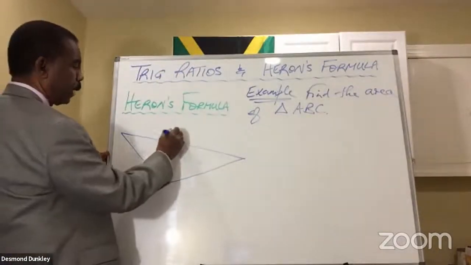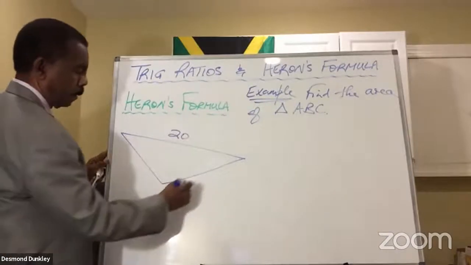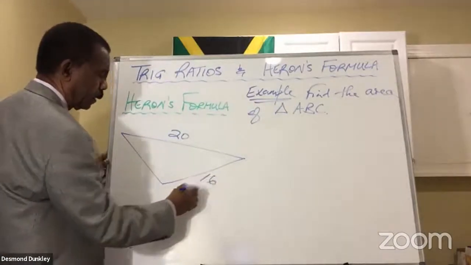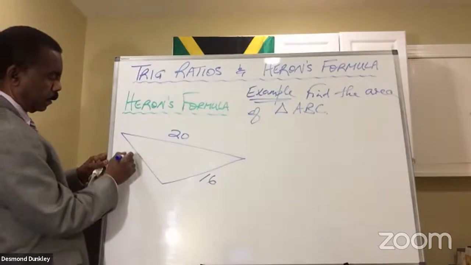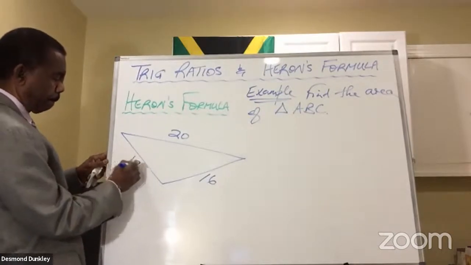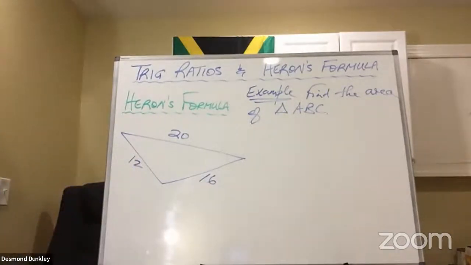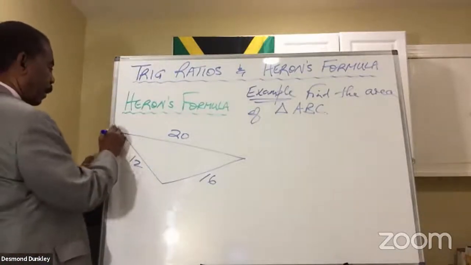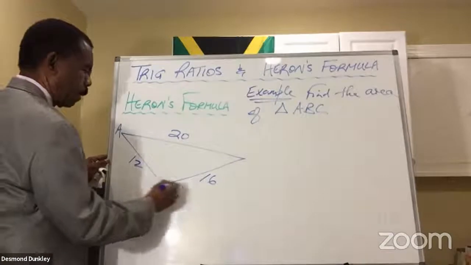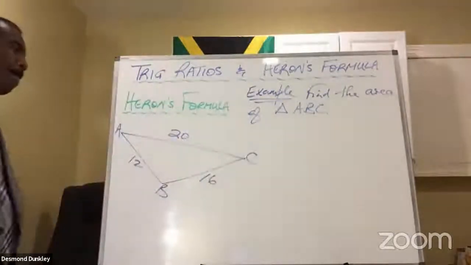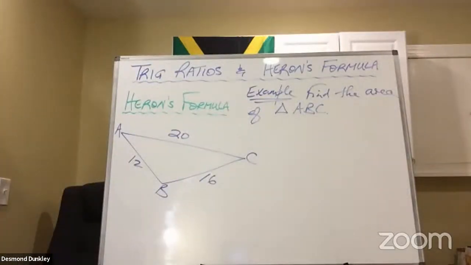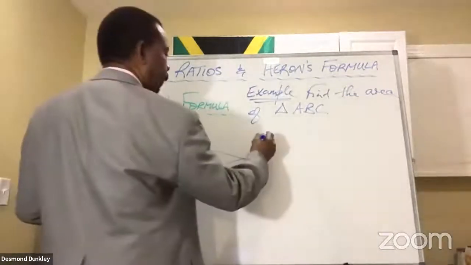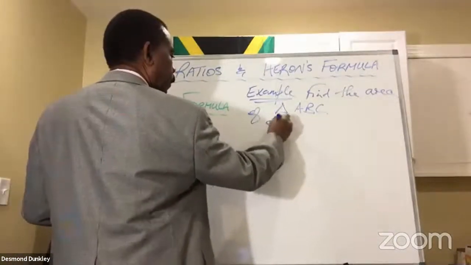Let's go 20, 16, and 12. Find area of this triangle. And that's triangle A, B, C. Okay, so step one, the solution.